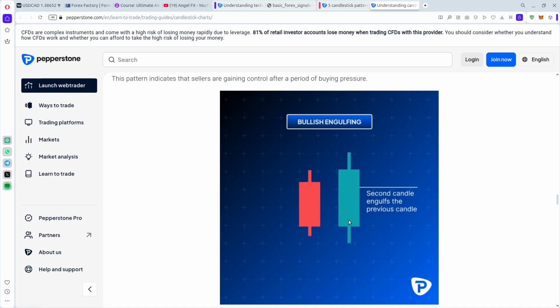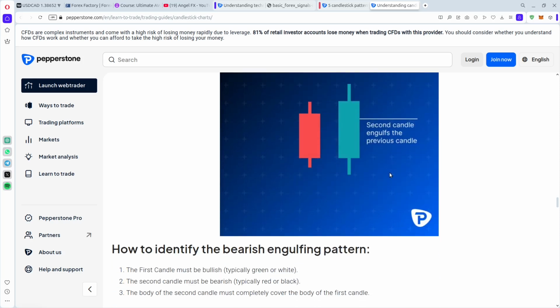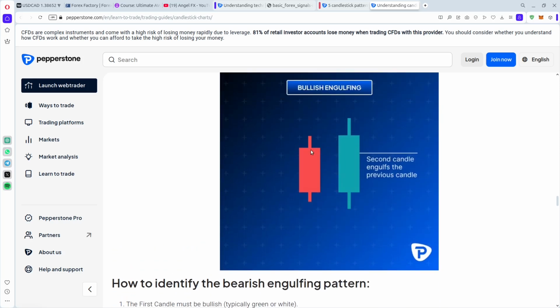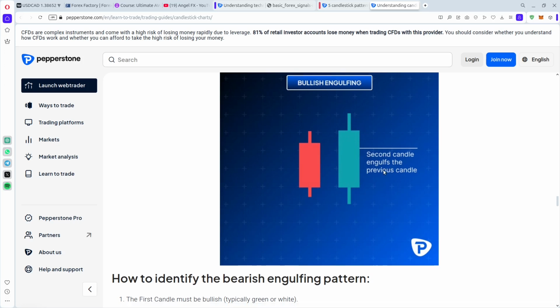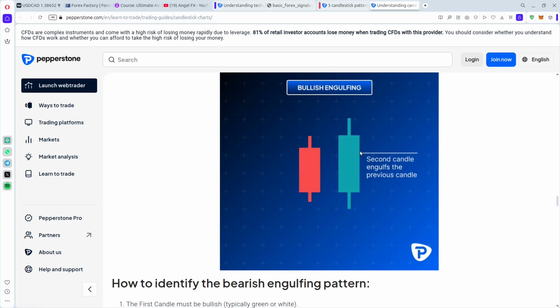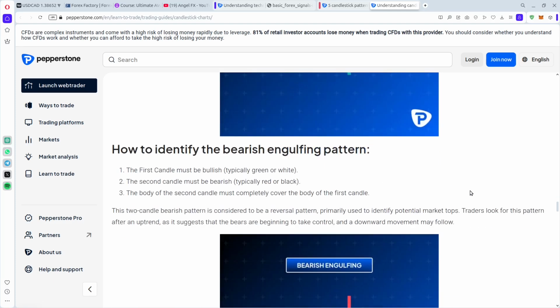So whenever a bullish candle or a bearish candle actually closes above the previous candle, which was a bearish one or a bullish one even, then you can say that that's actually a bullish engulfing candle. As you can see, this particular candle closed above this one. Okay, you can see here that they're not at the same level. So it's very important. That's why it's bullish engulfing, it completely closed it. So that's what it means.